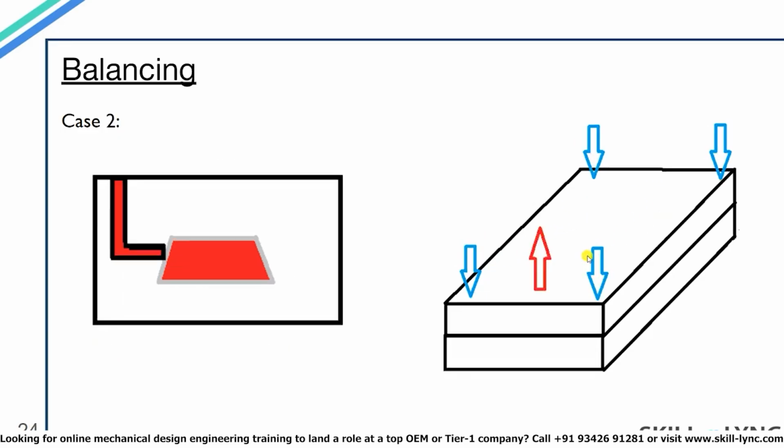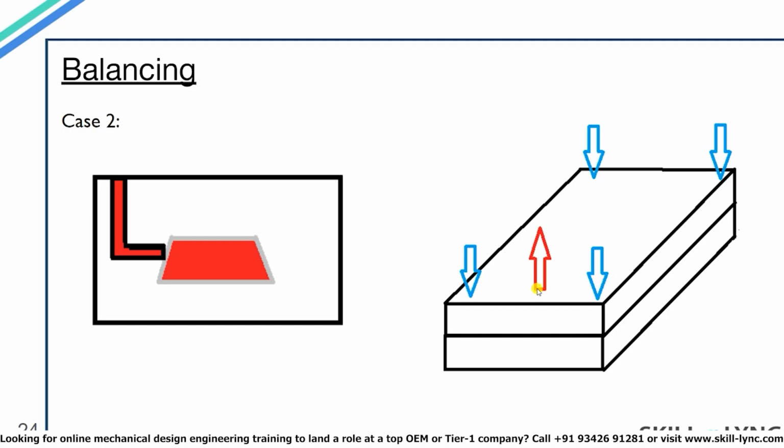Now let's look at the second case. Let's say we can't provide the gate location at the top and we have to provide the gate location at some other face. So if we provide a runner as shown in the second diagram, then the point at which the injected material creates an opposing force will also change, and it will be near the ends as shown in the right diagram.